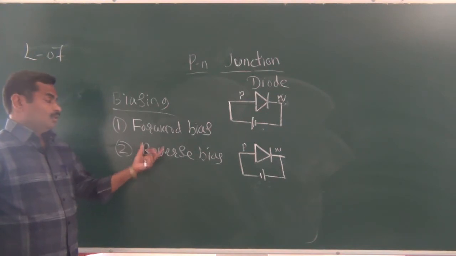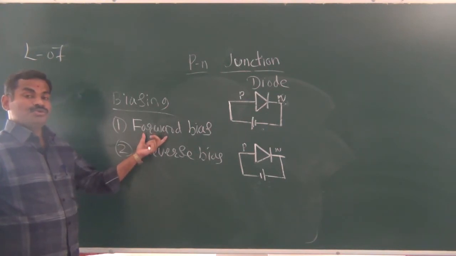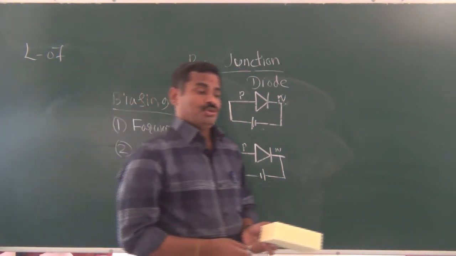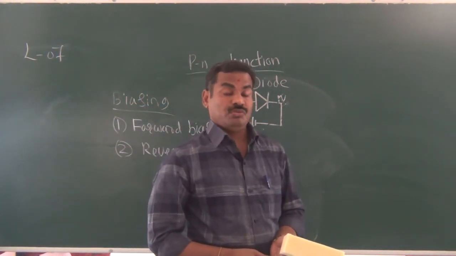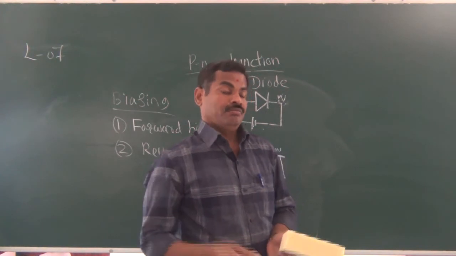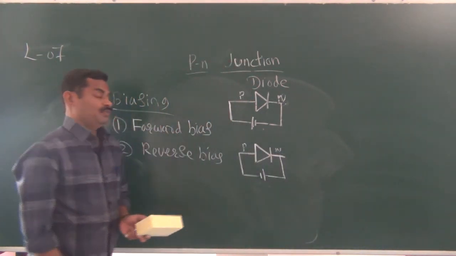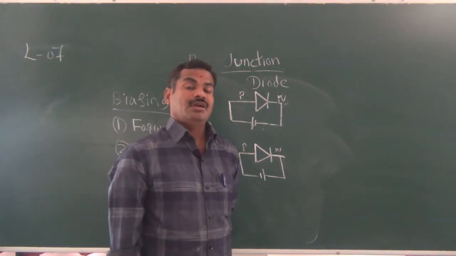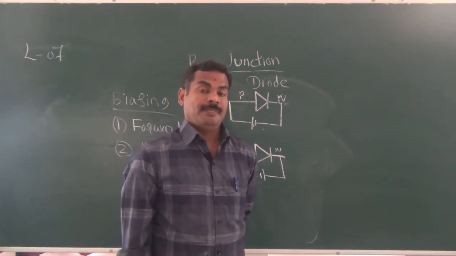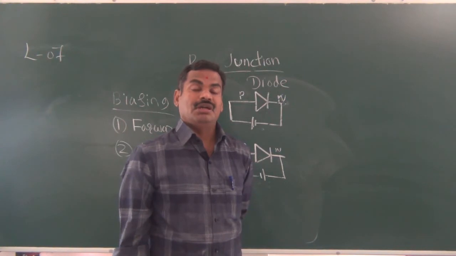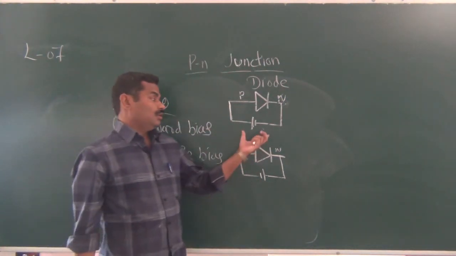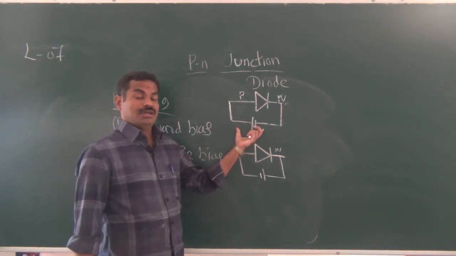Why are we giving more importance to forward bias? What is the most important property of diodes? In the diode, current conducts in only one direction. Or you can say it works only in forward bias, it conducts only in forward bias.